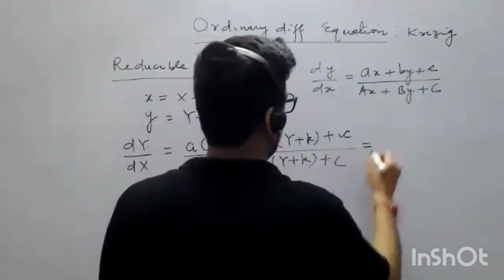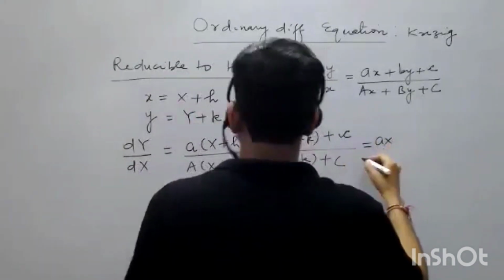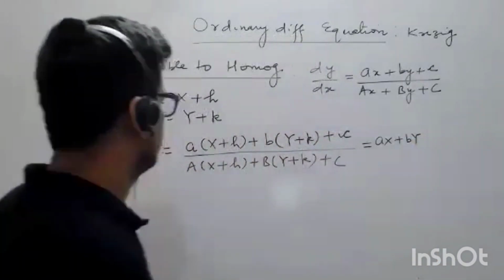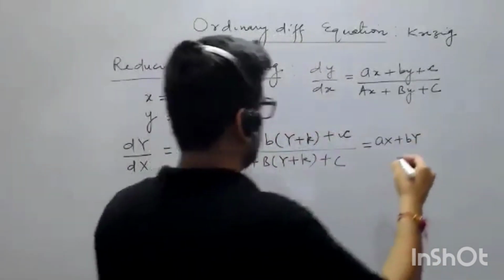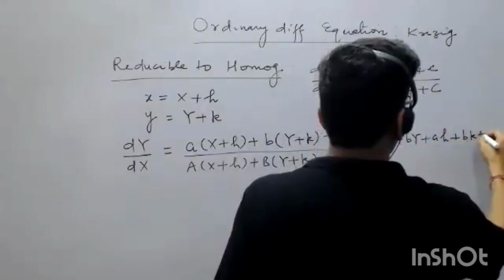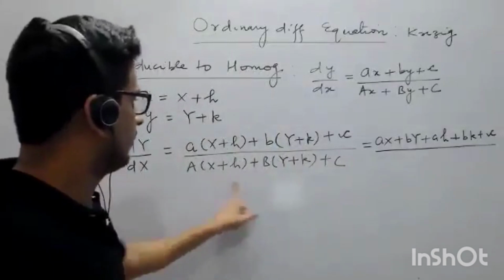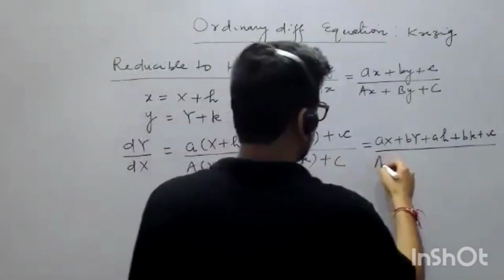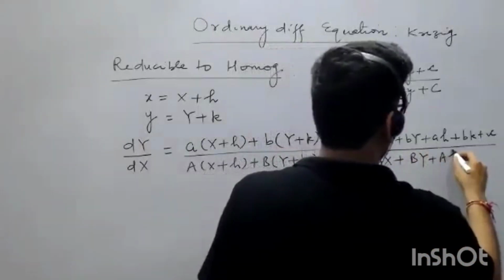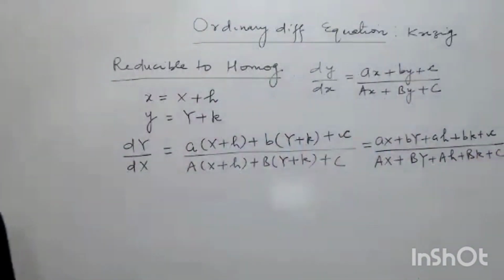So that is equal to, it will become ax plus by plus ah plus bk plus small c over ax plus by plus ah plus bk plus capital C. It will take this form.